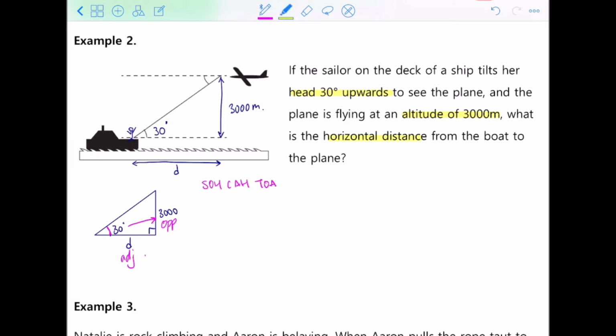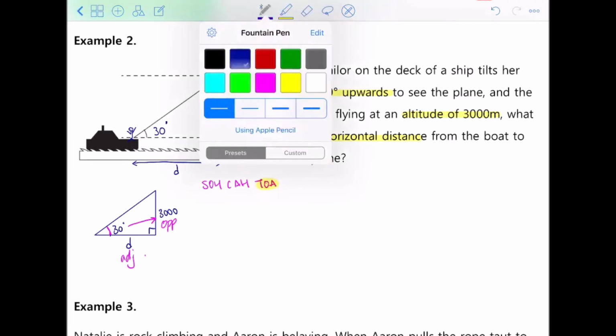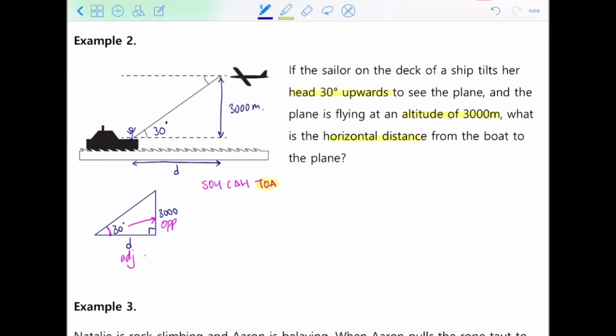And it looks like that would be our tangent ratio. So let's write it down. Tan of theta equals opposite over adjacent. Plug in all the values we have. So tan of 30 degrees equals opposite is 3,000 and adjacent is what we're trying to solve.